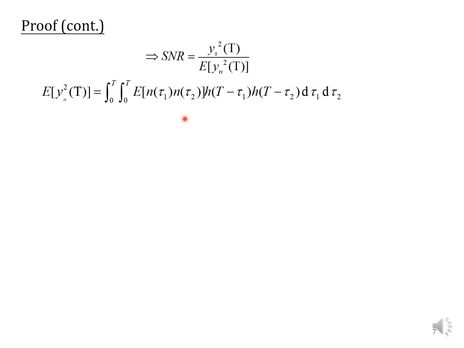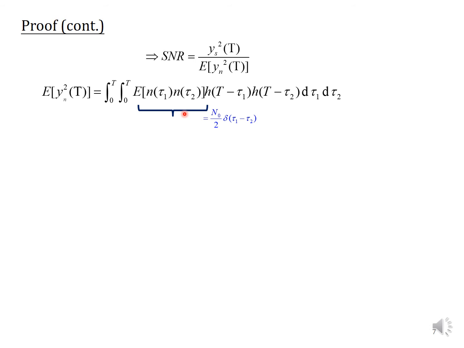Here is the noise random variable at tau 1 and noise random variable at tau 2, and here is the function of the h, in the double integral of the convolution. Okay, as we know that this noise, the correlation of noise at time equal to tau 1 and tau 2, the noise are independent, right?